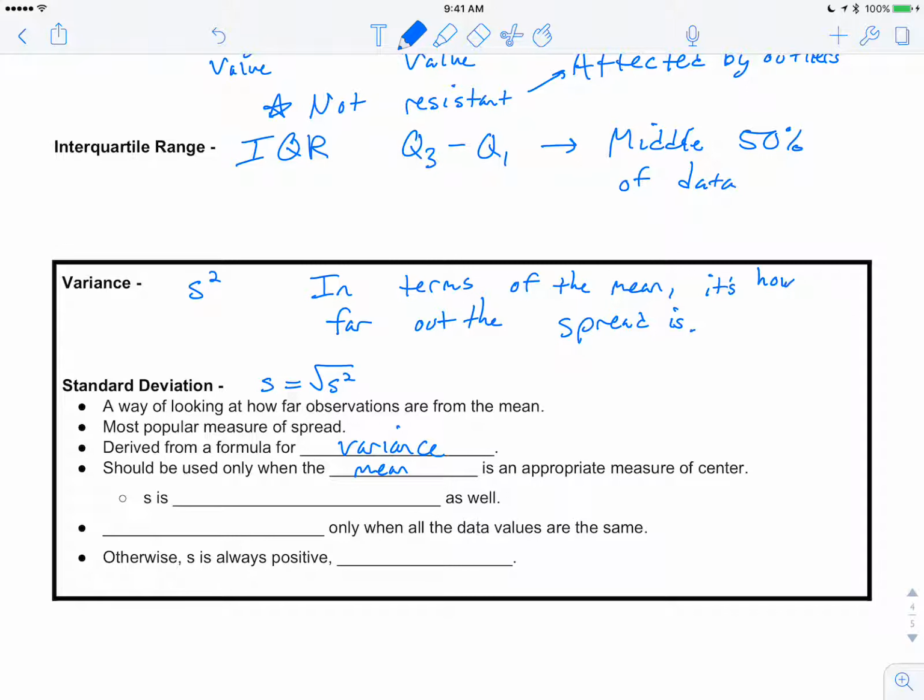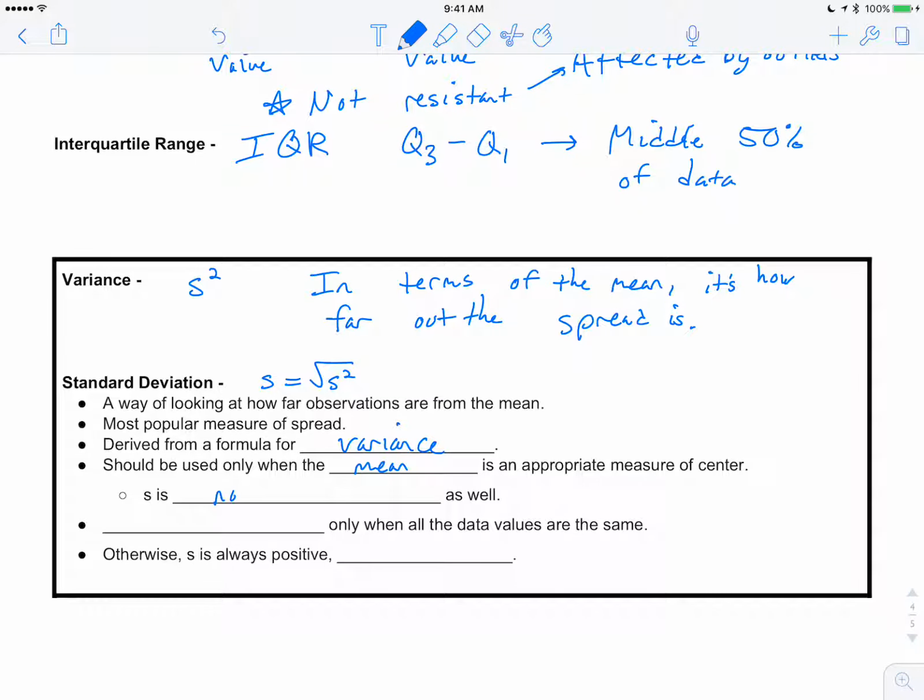That's because the standard deviation is not resistant. It's affected by outliers as well. So if you have a bunch of outliers or it's a skewed data set, you can't really use variance and standard deviation very well. It doesn't have to be perfectly symmetrical, but it should be somewhat symmetrical or just not skewed way out of whack.